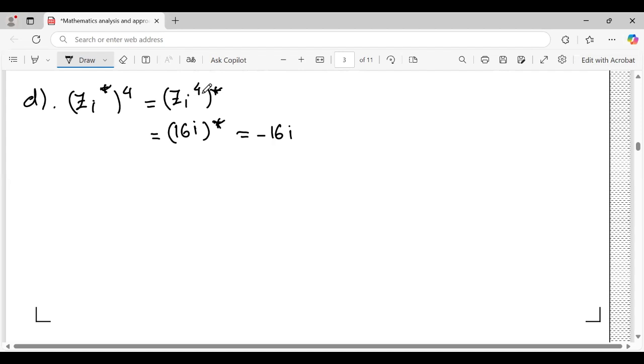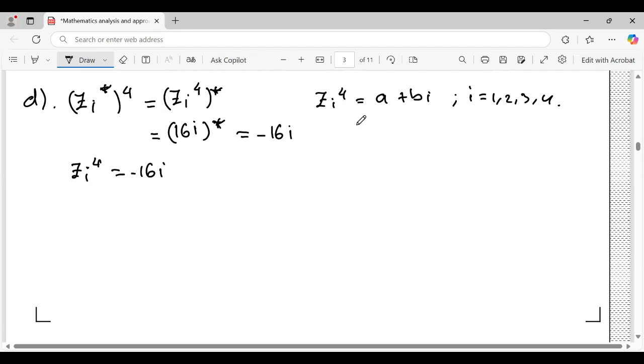So Zi to the power 4 equals a plus bi, which equals minus 16I.